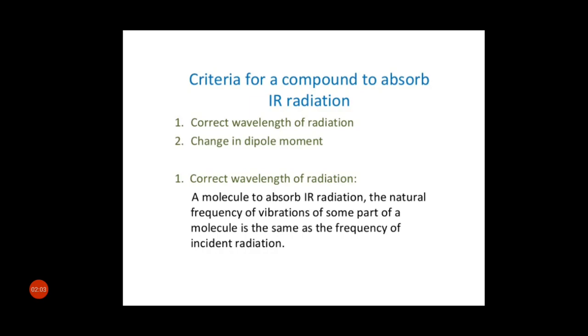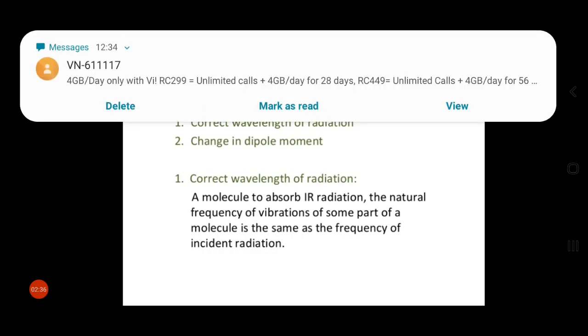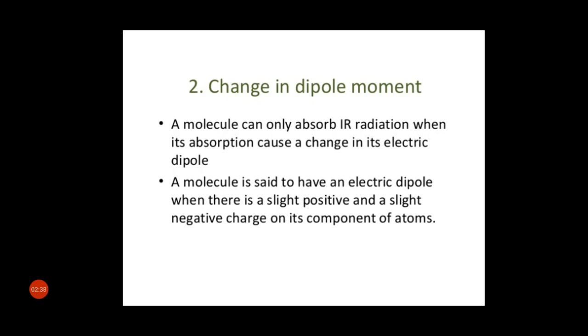For a molecule to absorb IR radiation, the natural frequency of vibration of some part of the molecule must be the same as the frequency of incident radiation. The second is change in dipole moment.